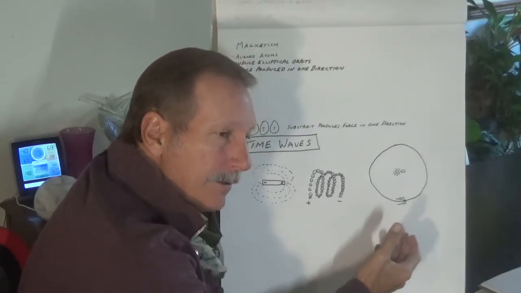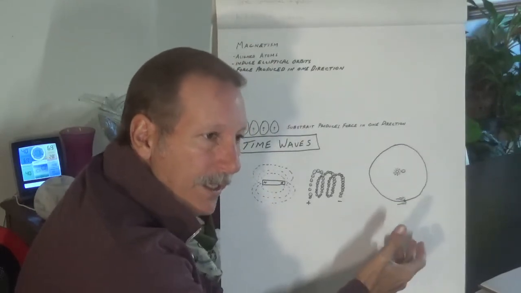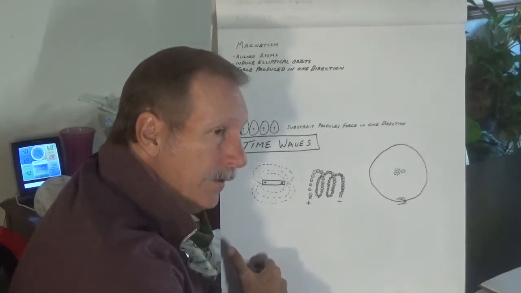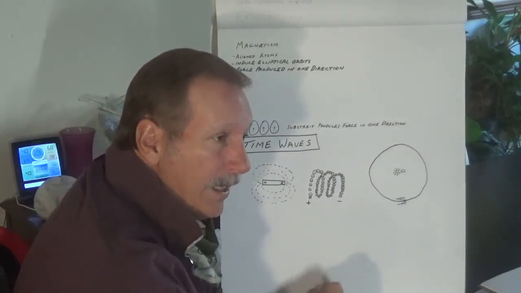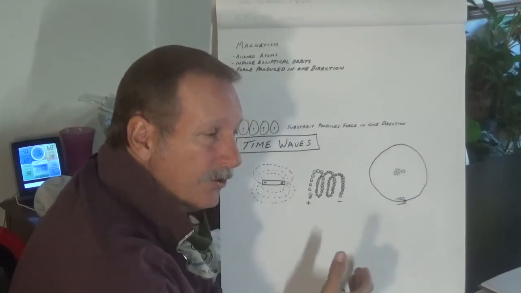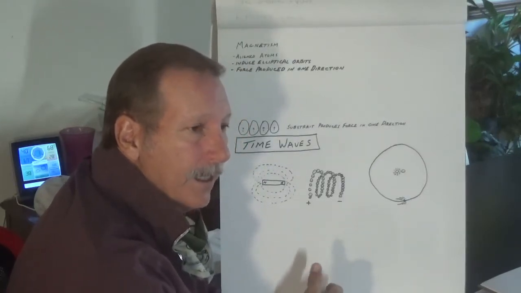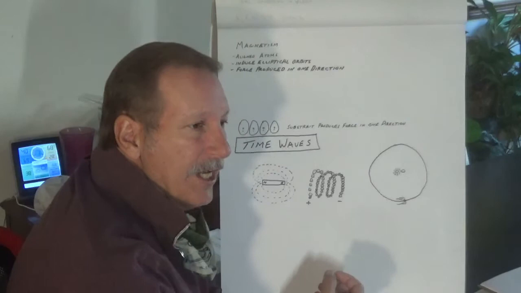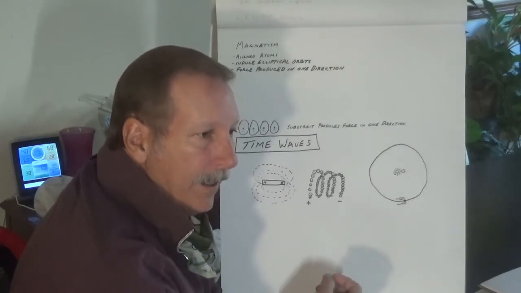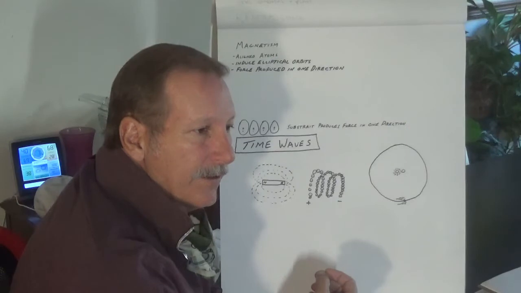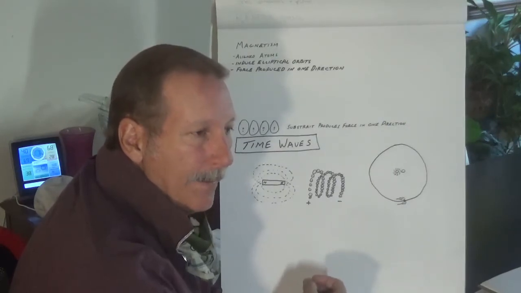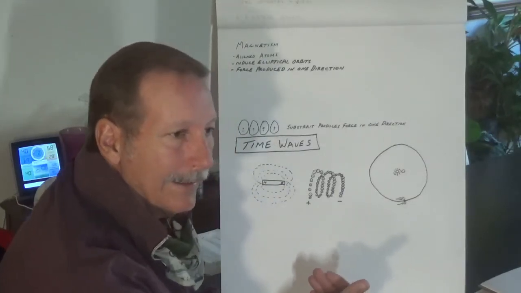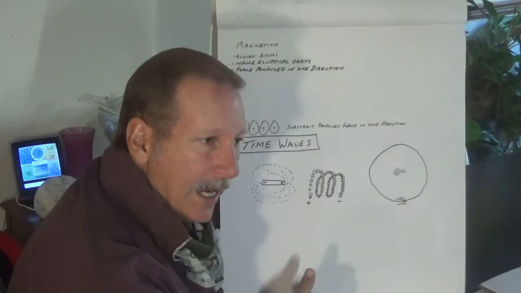Now it is appropriate to also mention that we have time waves in a vast number of wavelengths. Those wavelengths also have an effect on scale and size. A high frequency time wave that gets to a frequency closer to the size of an atom has a different effect on an atom than a broad, wide, low frequency time wave.